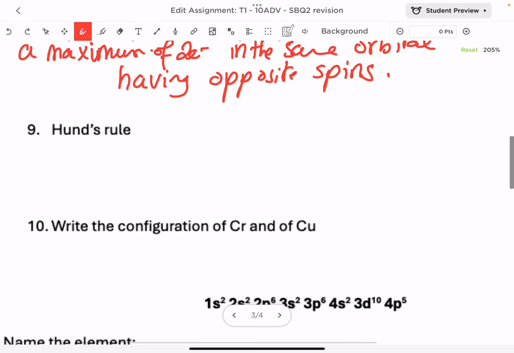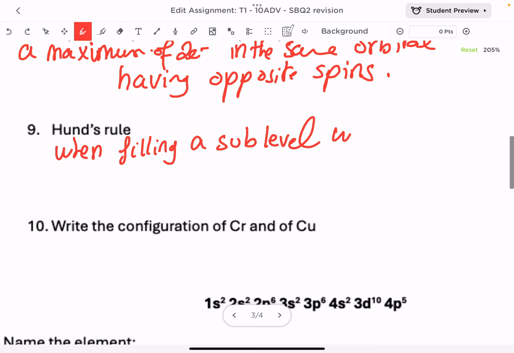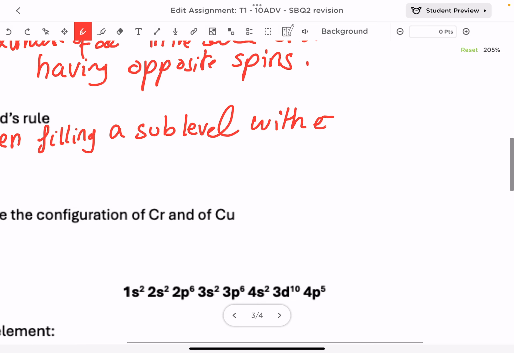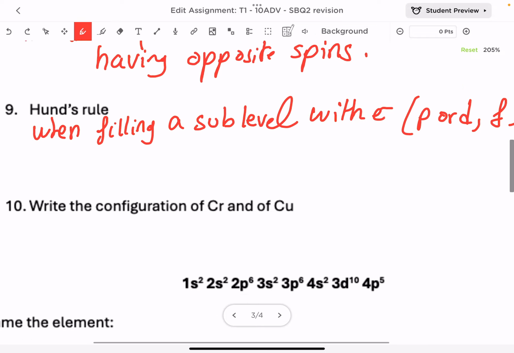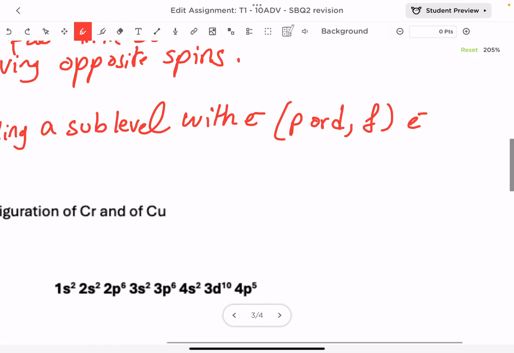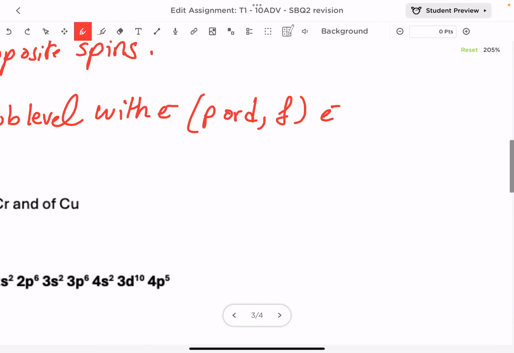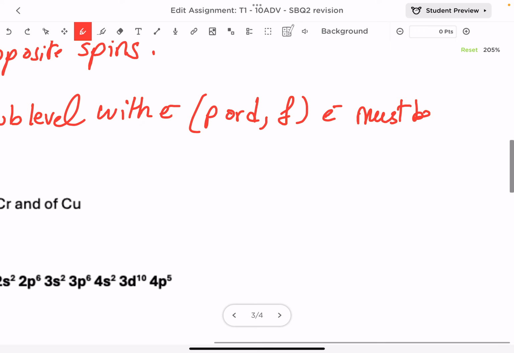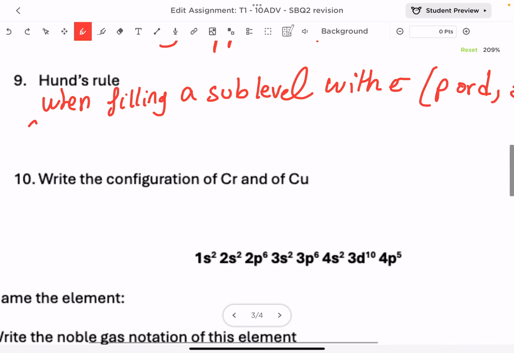Hund's rule: when filling a sub-level with electrons, and I mean here a P or D or F, electrons must be filled singly, then double them.